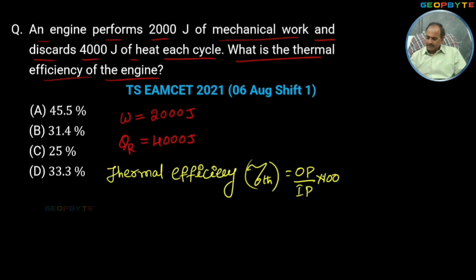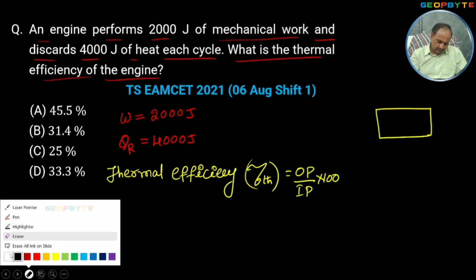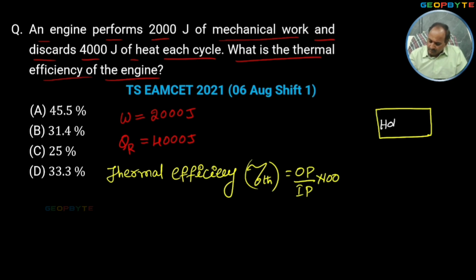If you take the heat engine, look at the heat engine, there is the hot source. That hot source is maintaining temperature, let it be TH. This hot source is giving the required heat for the heat engine. That means the heat supplied to the heat engine is QS.